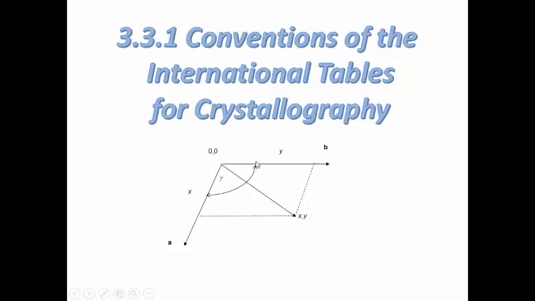The x-axis points downward, so that if the x and y-axis were 90 degrees apart, then the x-axis would come down like that. In general, they'll be gamma number of degrees apart. So here is the angle gamma, and here is the x-axis appropriate to that gamma angle.